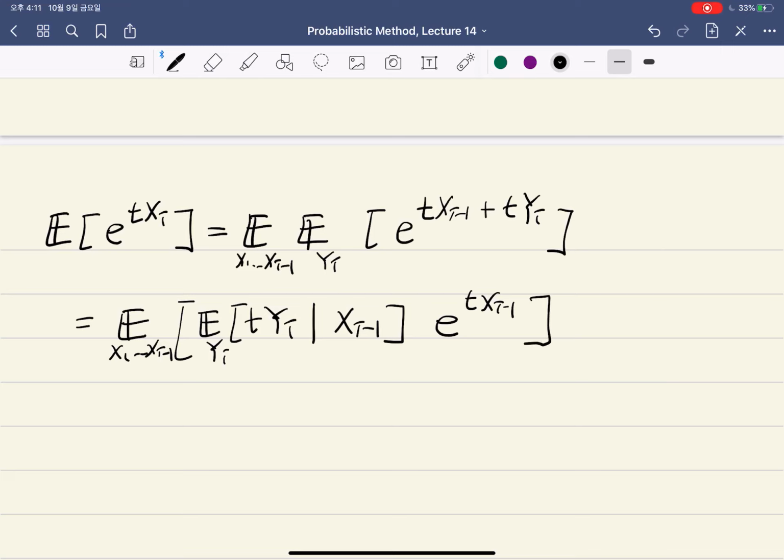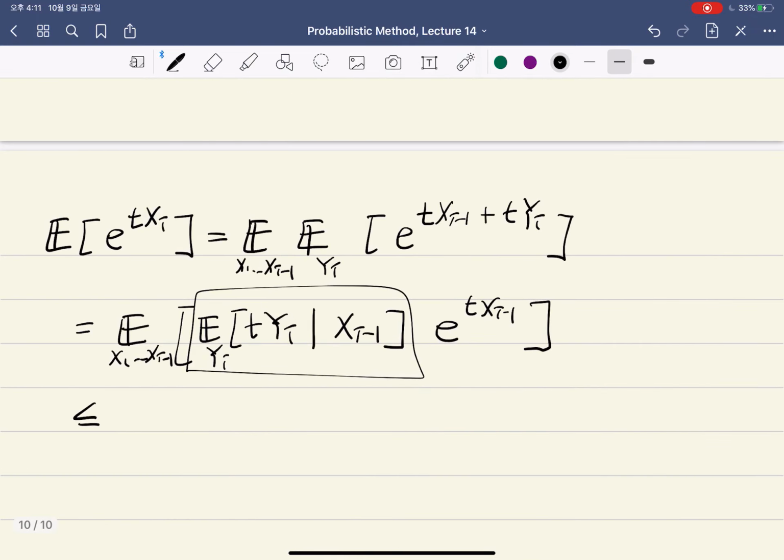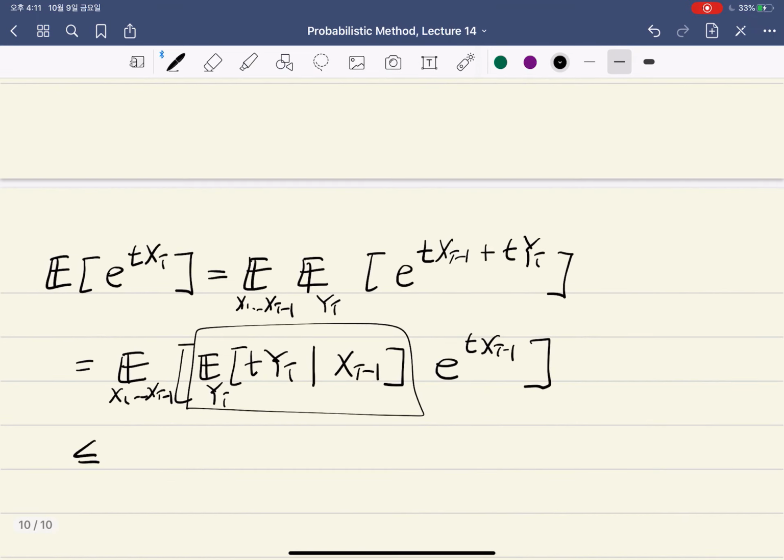You can take the y part out. Then you can rewrite the entire thing in this way. And what's this? Then that's bounded above by the inequality.